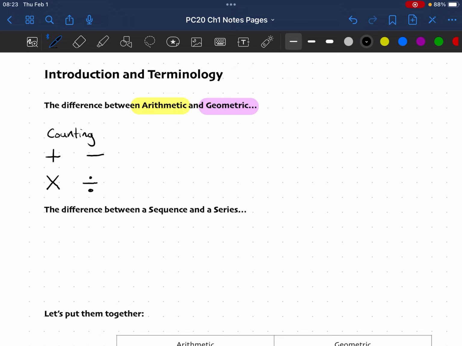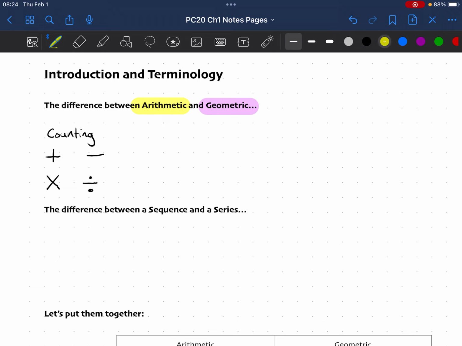All right, so we learn these operations. Then after multiplication and division, you learn how to do powers and square roots. Now, we aren't dealing with powers and square roots, and we're not dealing with counting simply by 1, although you can consider counting by 1 an arithmetic sequence.